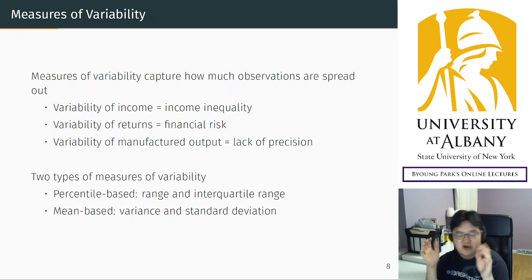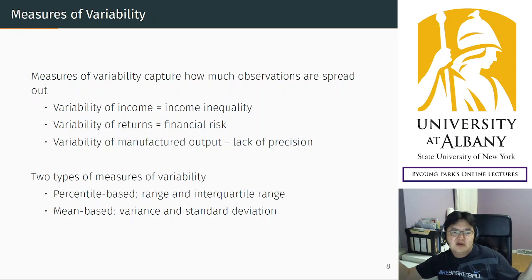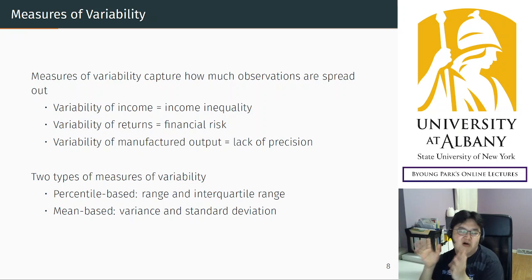So if some pens are too long and others are too short, then something is wrong. Your manufacturing process is not precise. So the variability of manufactured output can be a measure of the precision of your manufacturing technique.